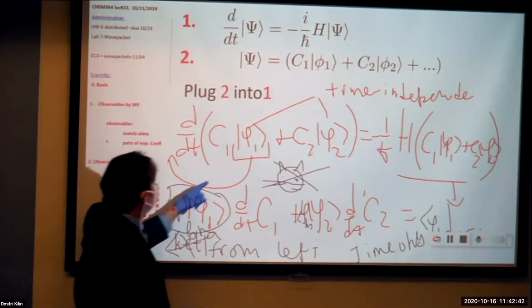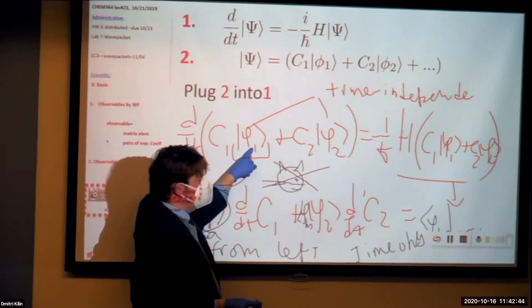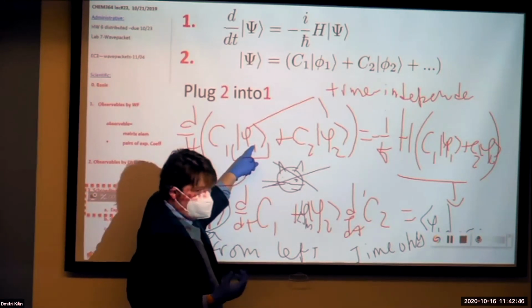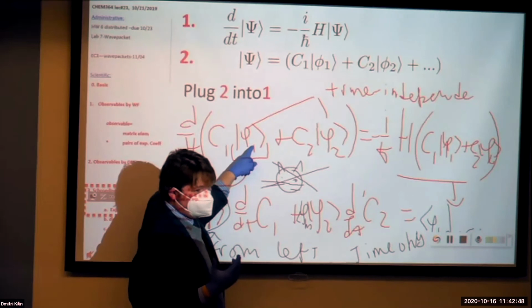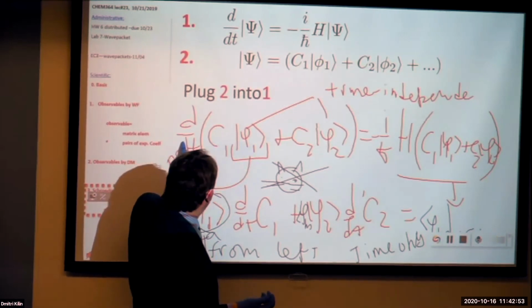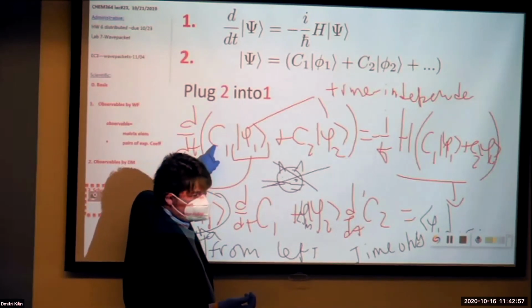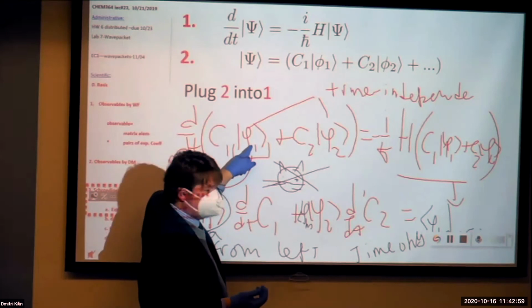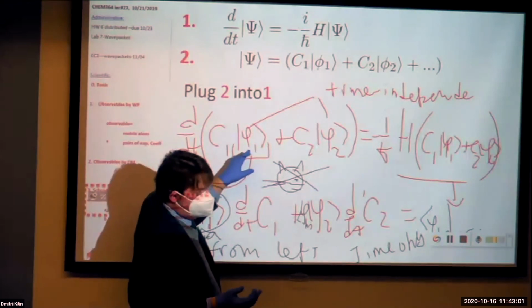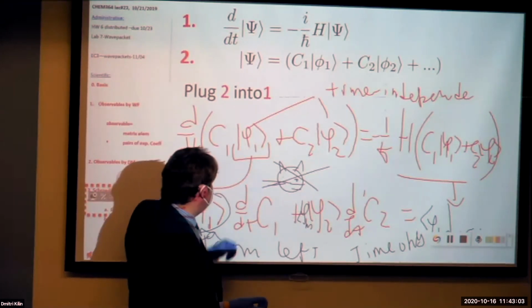Does the basis function depend on time? No, because we found it once and forever. It comes from the time independent Schrödinger equation, and it doesn't have time. So when we practice the time derivative, it will apply only to the expansion coefficient, whereas the basis function can be believed with high confidence to be time independent.